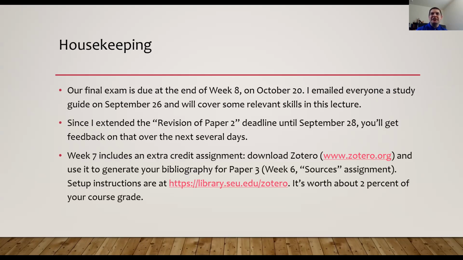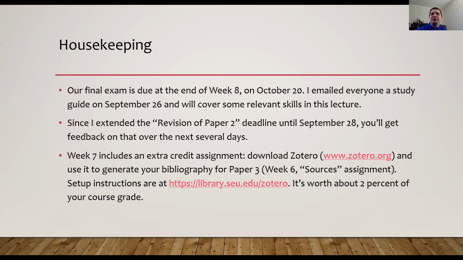And then on week 7, we're jumping ahead a little bit, you have an extra credit assignment, but you can actually do it at any time. The assignment is to download the software called Zotero. I've linked you to the set of instructions here in the notes. You can also go to week 7 and pull that up. And you can kind of kill two birds with one stone here.